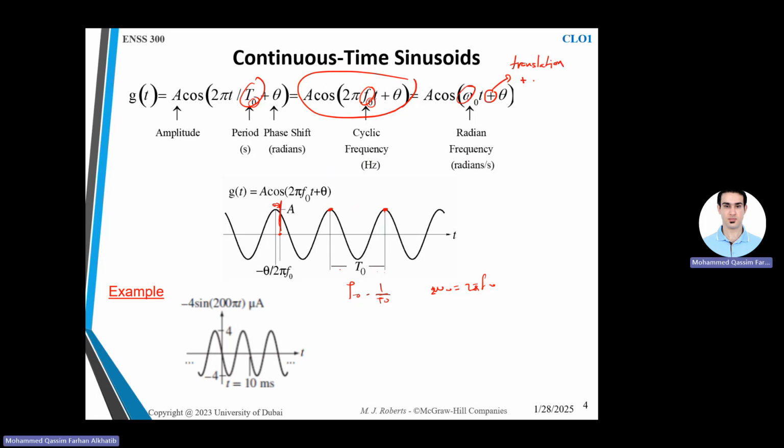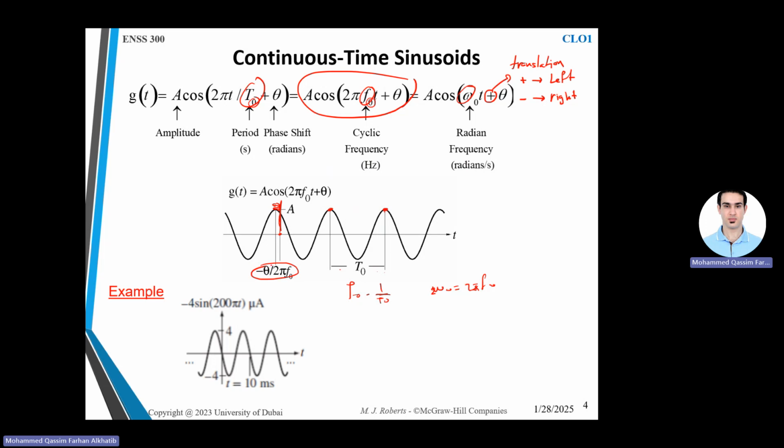If this sign is positive, it means shift to the left. If this one is negative, shift to the right. So here it's plus theta, so that means shift to the left. So this is the distance here, and that's theta over 2 pi f naught.